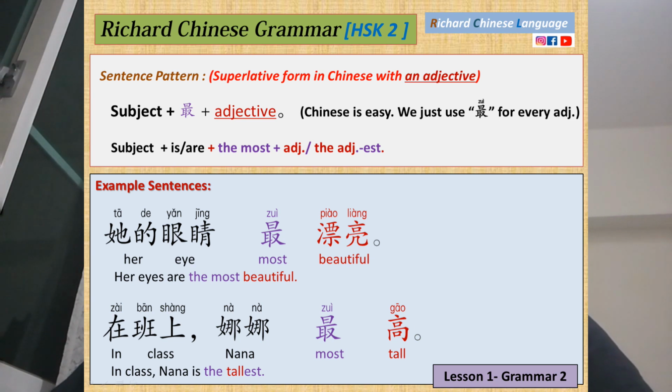And then we use an adjective. And the adjective here is 高. In class, Nana is the tallest. Okay, so you can see in these two example sentences, we just need to add a 最 before the adjective.